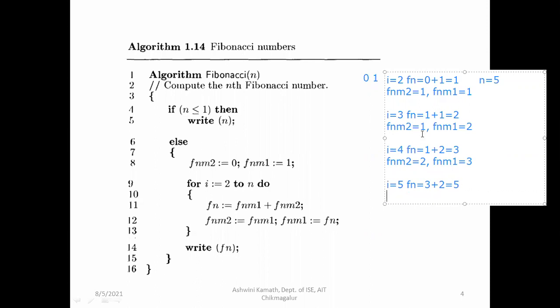Now again Fnm2 is equal to Fnm1, which is 3, and Fnm1 is equal to Fn, the new value, 5. When i becomes 6, it will come out of the loop and display the value of Fn. The Fn value is 5.